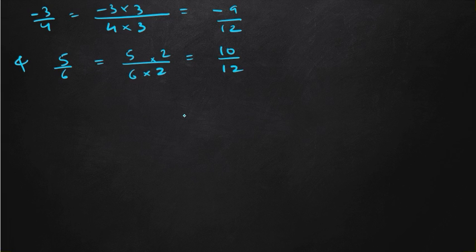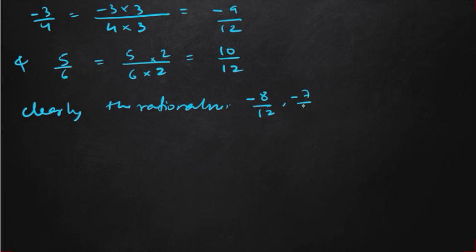After that you need to write all the 10 rational numbers. So how to write? The rational numbers greater than minus 9 by 12 will be minus 8 by 12, minus 7 by 12, minus 6 by 12, like this up to 0.